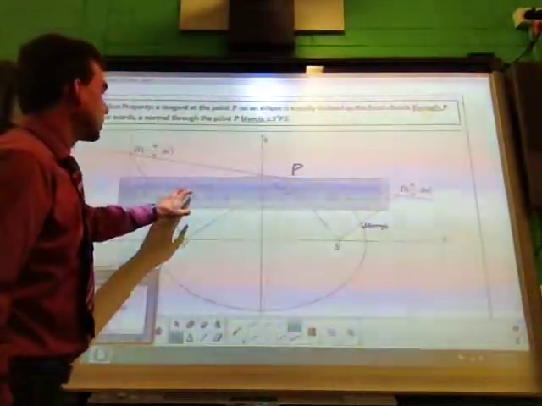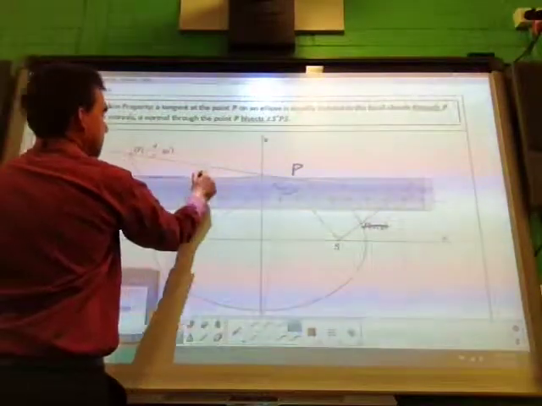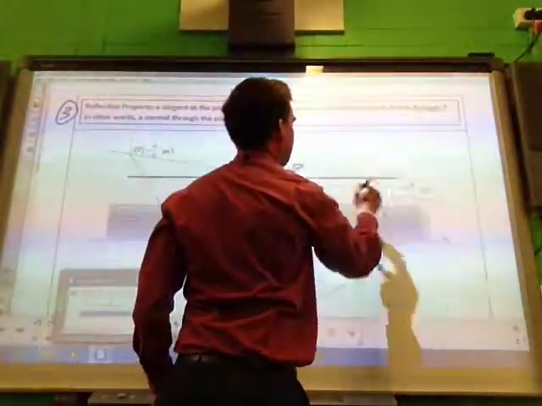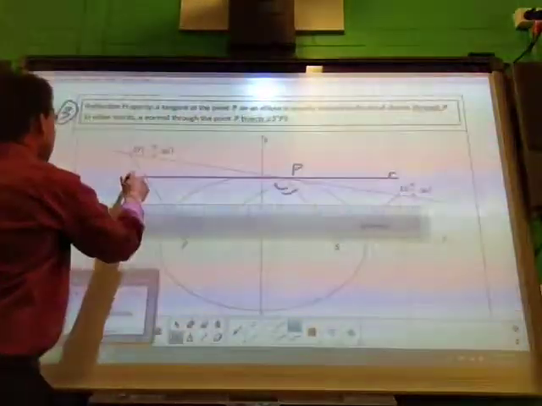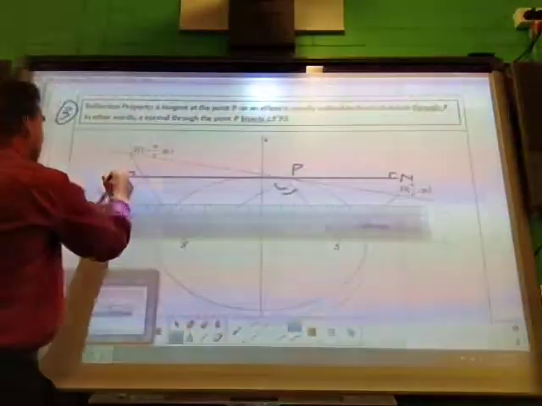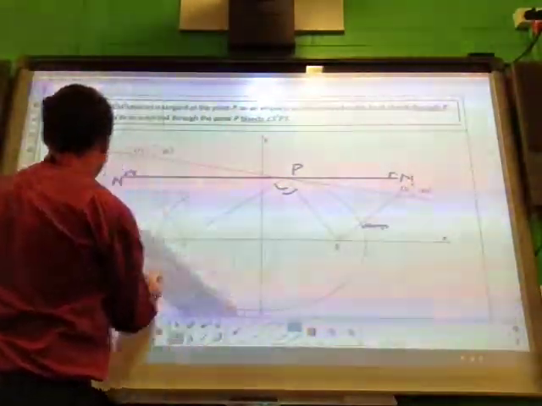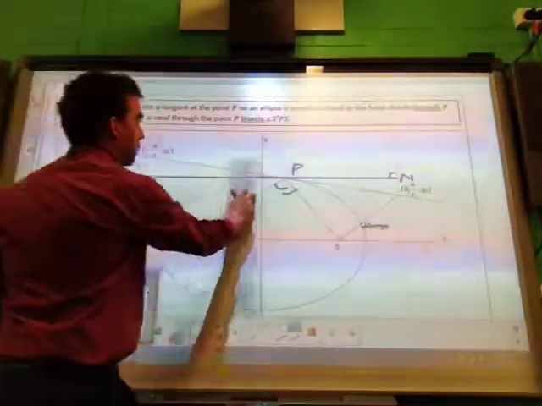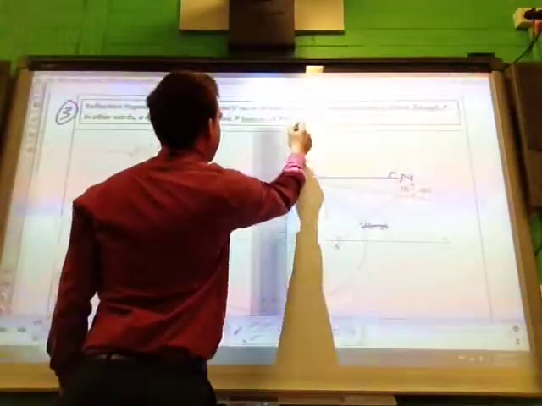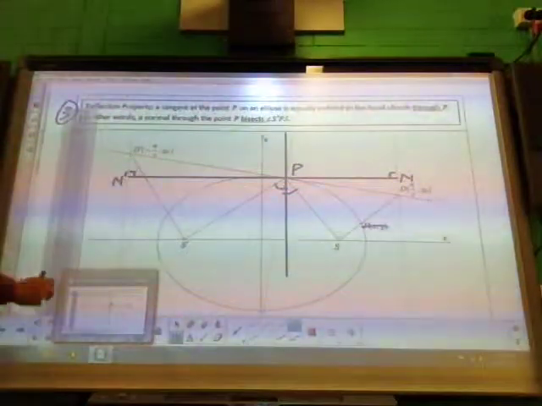I'm going to put the horizontal, right, so I'm going to call it N prime, and I'm also going to drop the vertical through the point P.